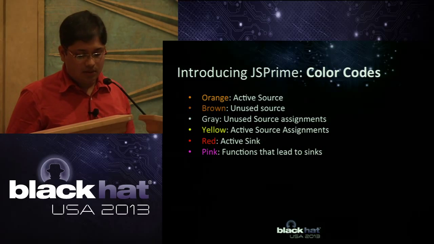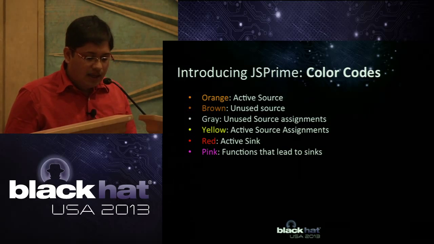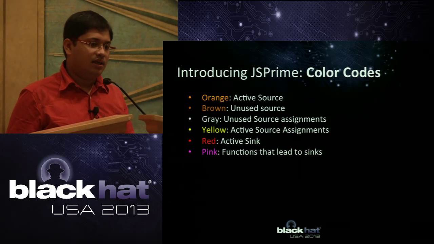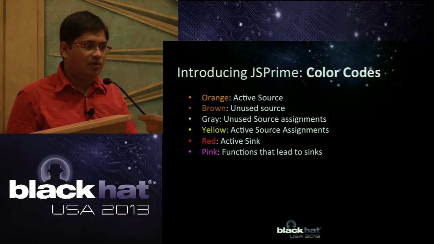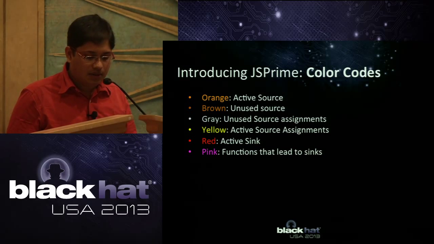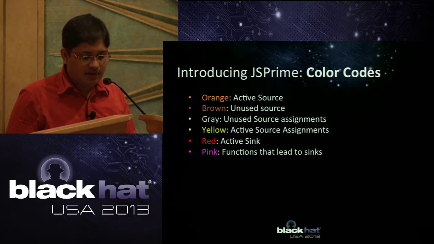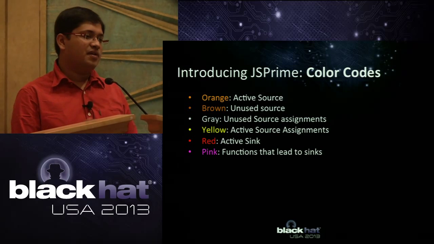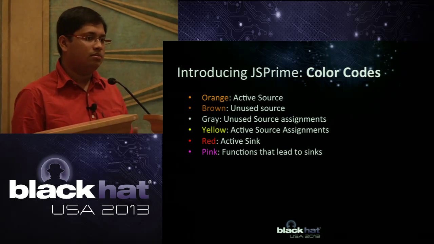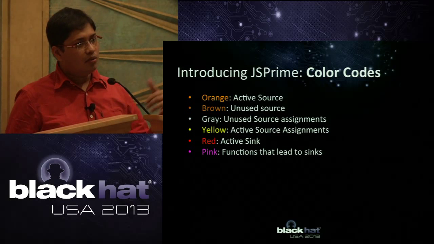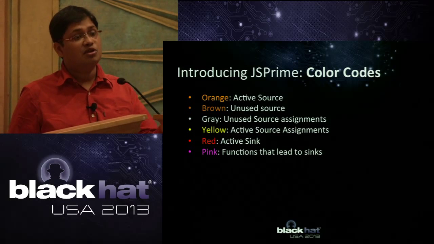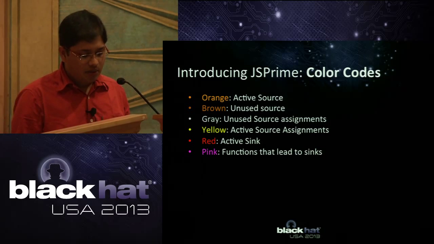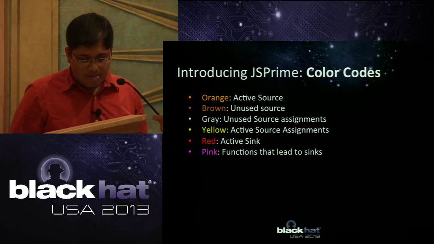Red is the sink. If we find a source-sink pair that's causing an execution, we mark that sink as red. And pink is for functions that lead to sinks, I mean functions that take arguments and pass them to the sinks.